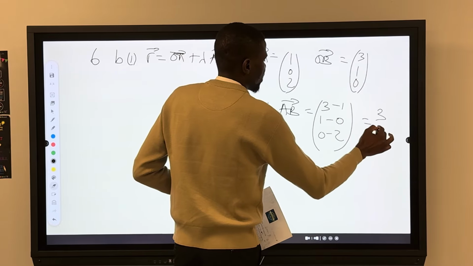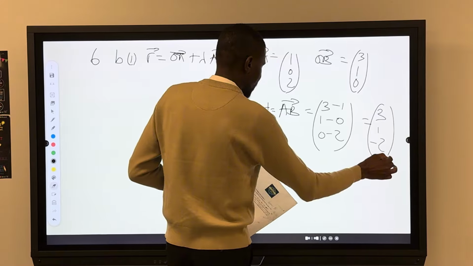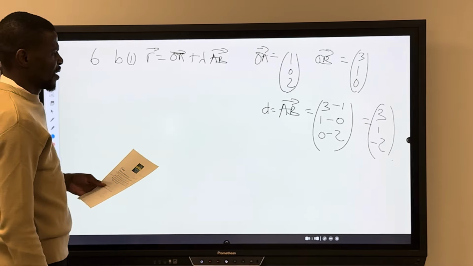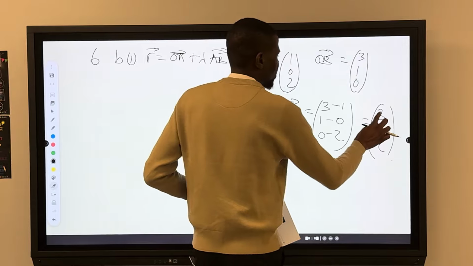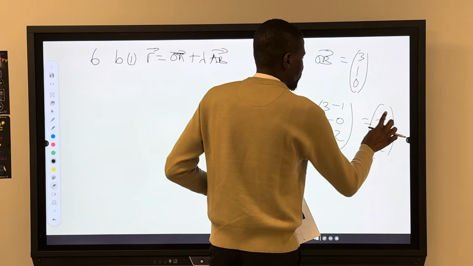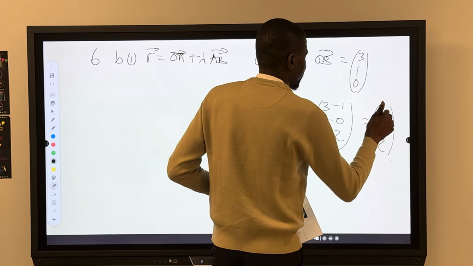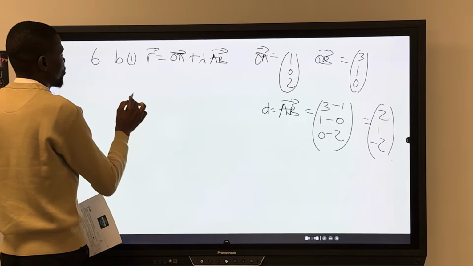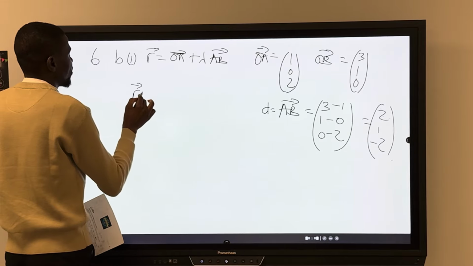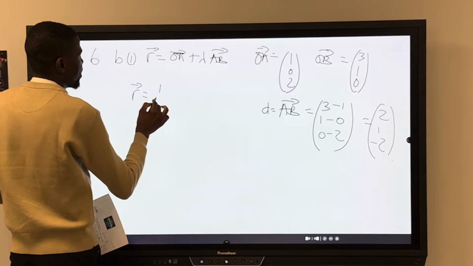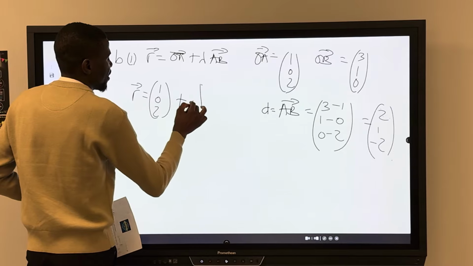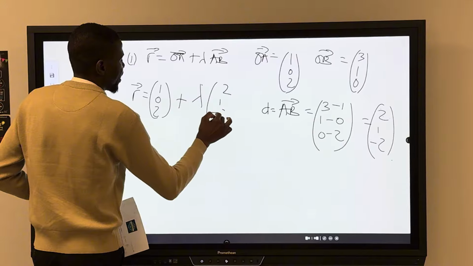So it's not (3, 1, -2), but (2, 1, -2) there. So the equation that I'm going to use is r equal to (1, 0, 2) plus lambda (2, 1, -2).